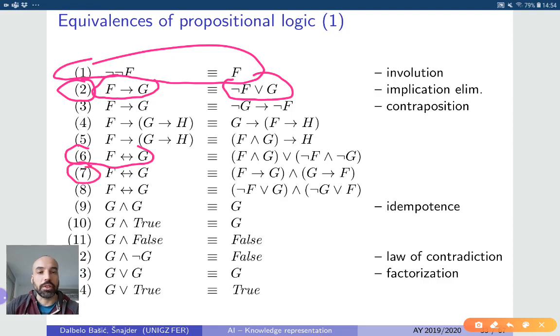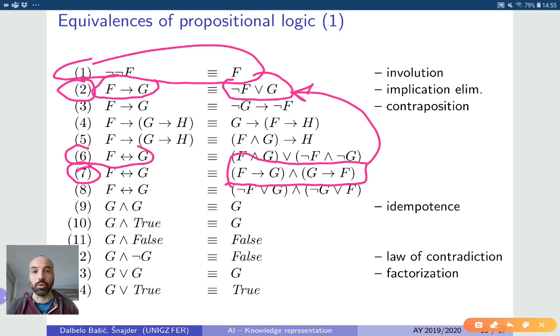Maybe version number 7 is actually what I'd like to use. So an equivalence is like an implication that goes both ways, and then I can use 2 to get rid of implications as well. And as you're going to see next week, we would want to get rid of equivalence and implications and try to rewrite our formula in terms of the more basic operations of negation, the AND operator and the OR operator.